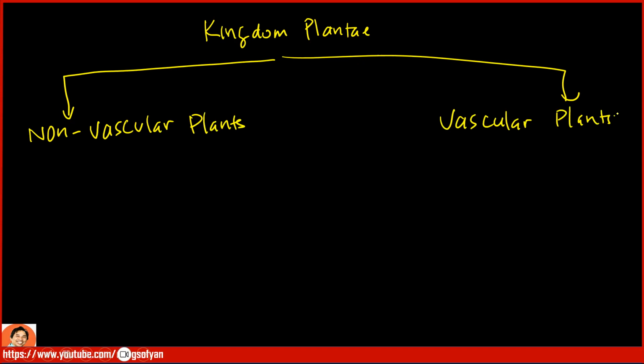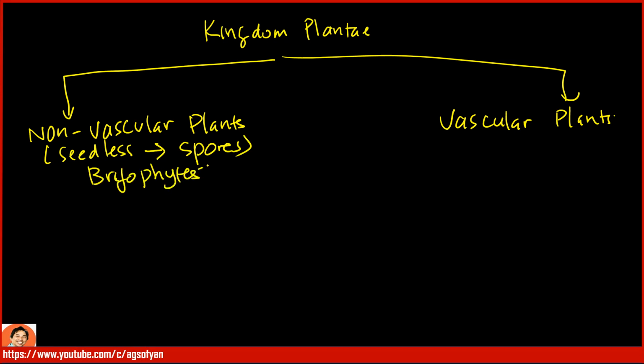All the non-vascular plants will be seedless. It means they will reproduce with spores. They're also known as bryophytes, and there are three phyla. The first one is Hepatophyta, which is the liverworts.